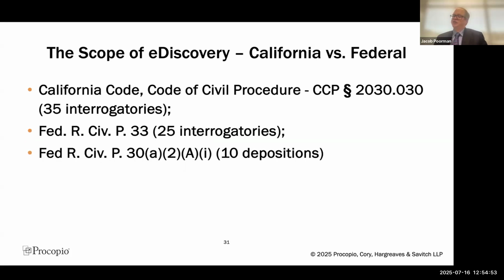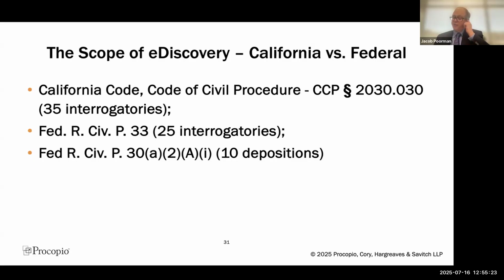California procedure also places fewer limits on discovery. Both California and federal court allow parties to propound document requests, interrogatories, which are written questions, requests for admission, and requests for inspection. California procedure also has form interrogatories, which are standard sets of pre-written questions that allow a party to quickly propound dozens of interrogatories with very little effort.